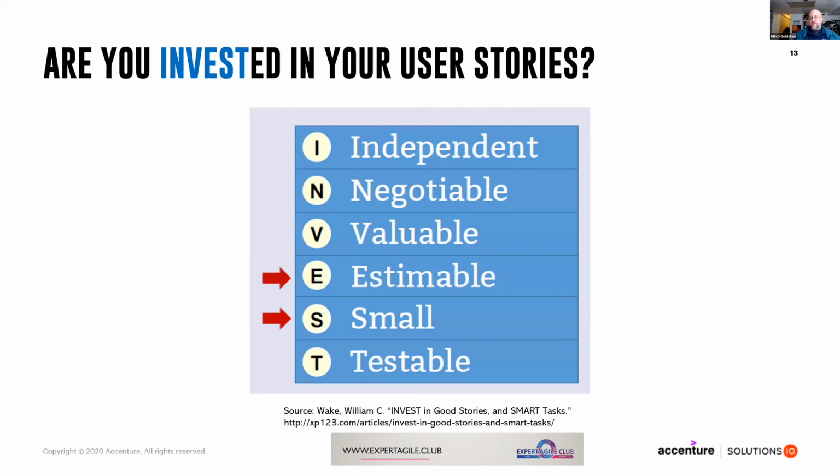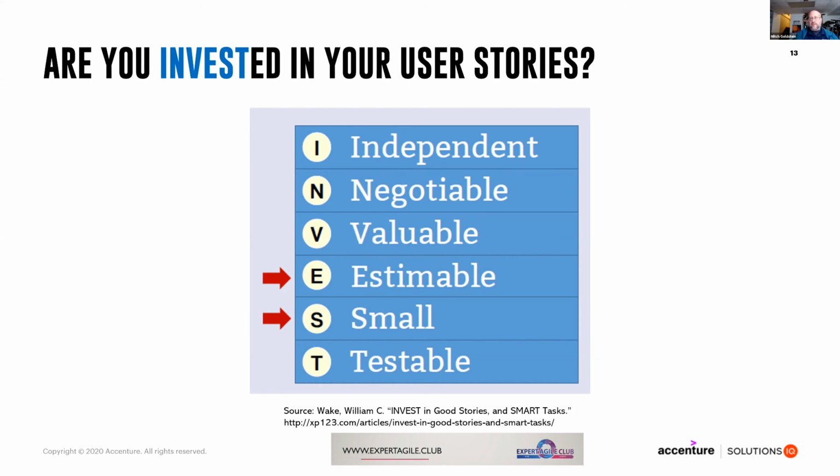Perhaps if you've been involved with product management for any length of time, you're familiar with this mnemonic invented by Bill Wake, the INVEST mnemonic. INVEST is a kind of intellectual test for the soundness of user stories. User stories should be all these 6 things. We can decide in large part whether a story is ready to be engaged if it fulfills these 6 requirements.